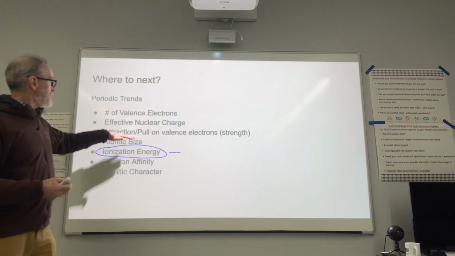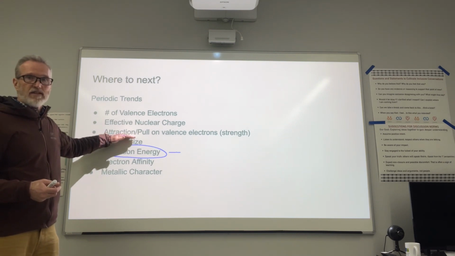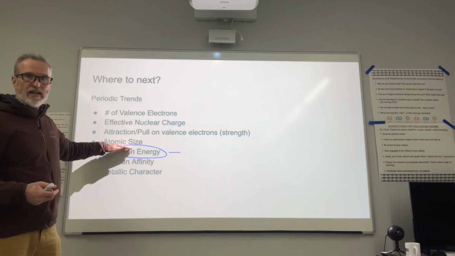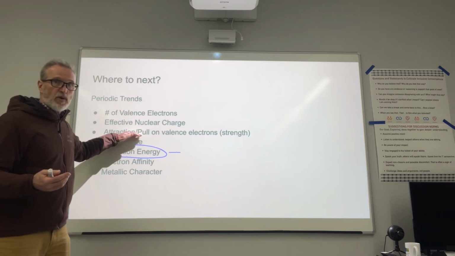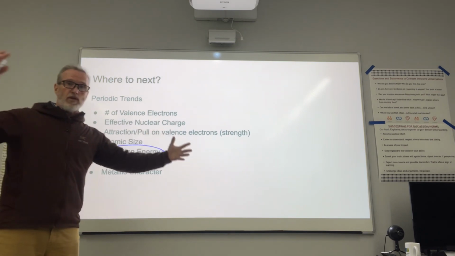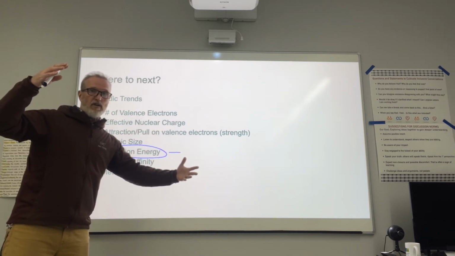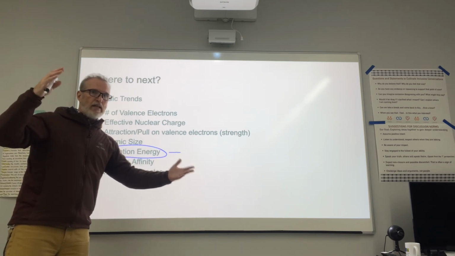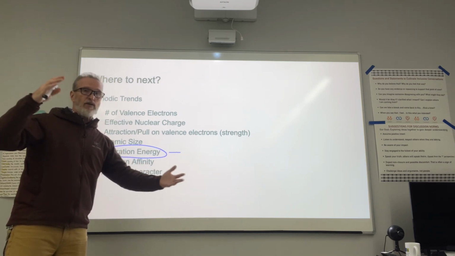Obviously, that's going to have to do with how strongly they're attracted to the nucleus. It's also going to have to do with their size, which also affects the strength of pull on the electrons. Electrons that are farther from the nucleus but have similar effective nuclear charges are going to be less strongly held onto.